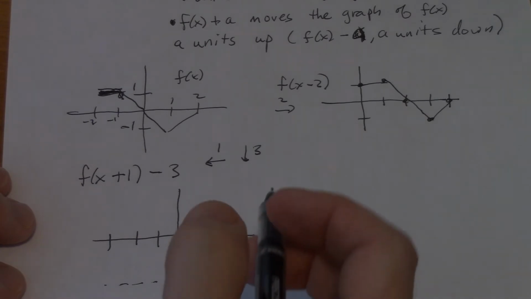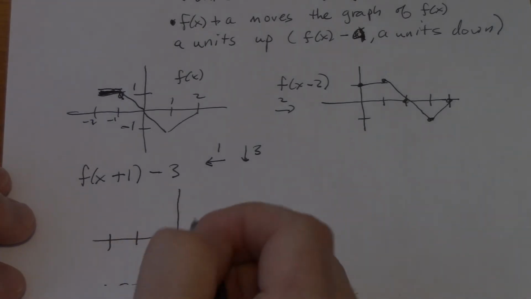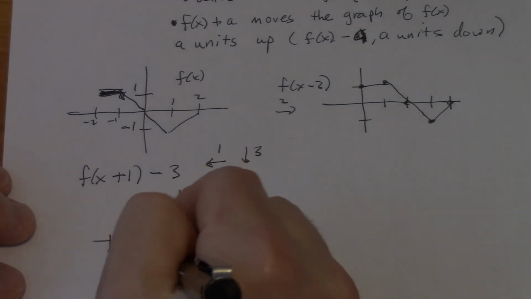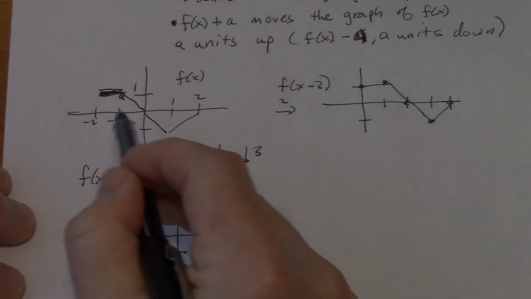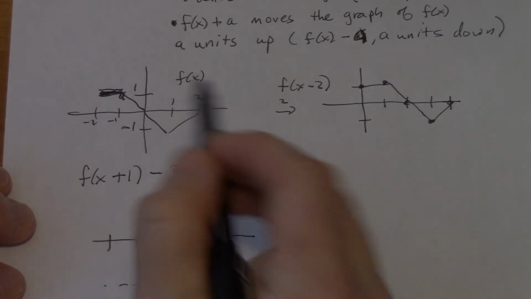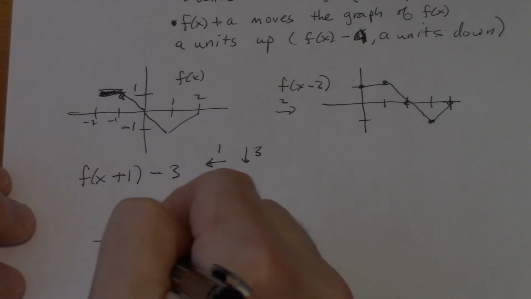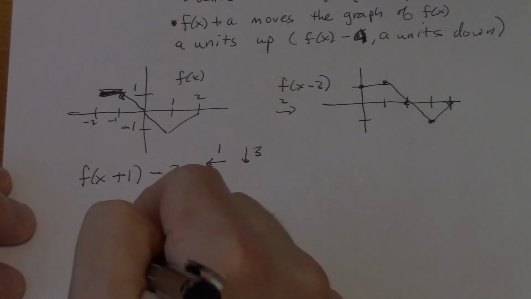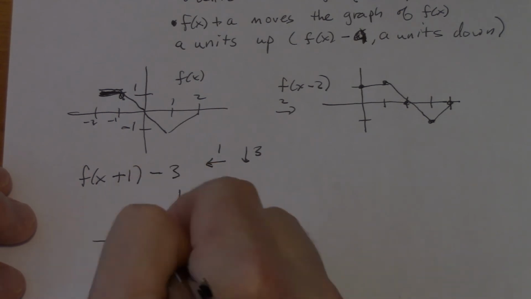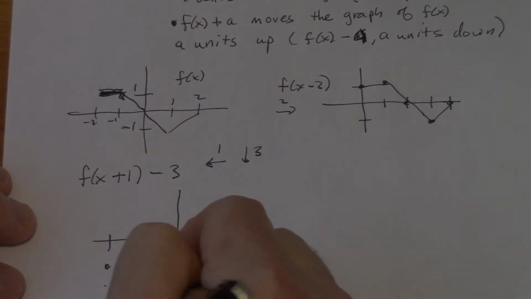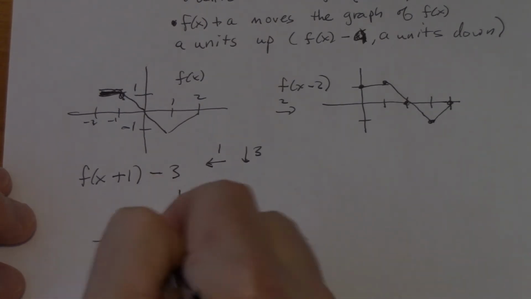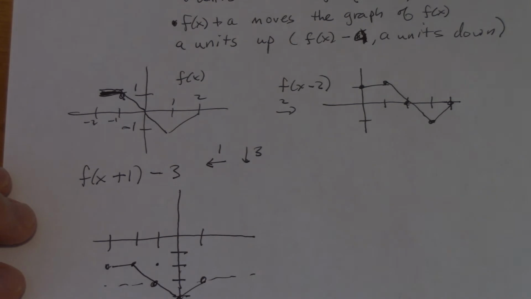Okay? Alright. So, I think I said from negative 4 to negative, well, it's negative 4 to negative 2. That should have said that. Oops. Forgot I was moving left. Alright, so that's what this one looks like.